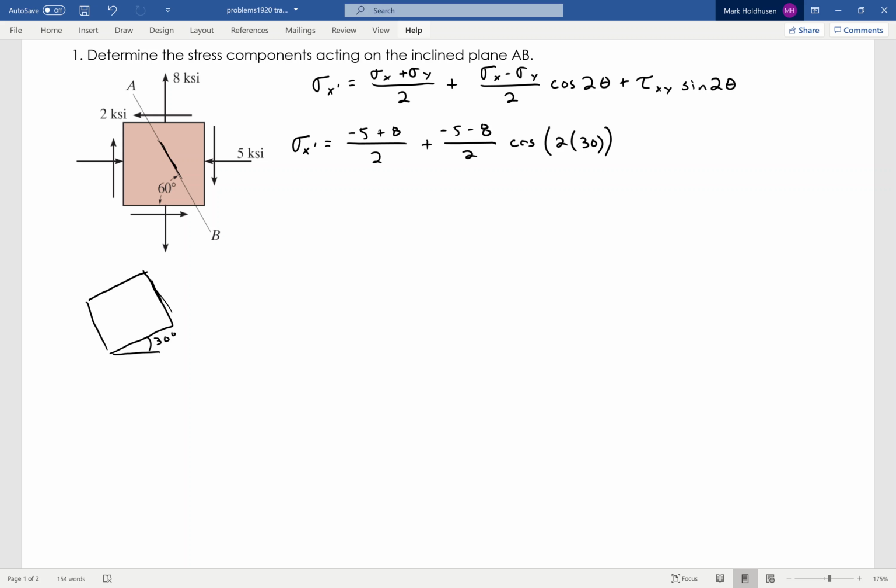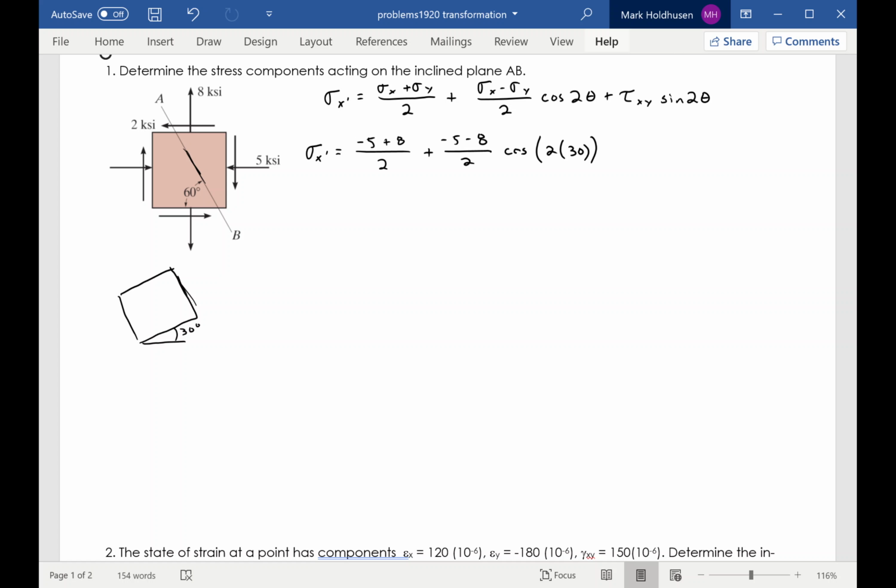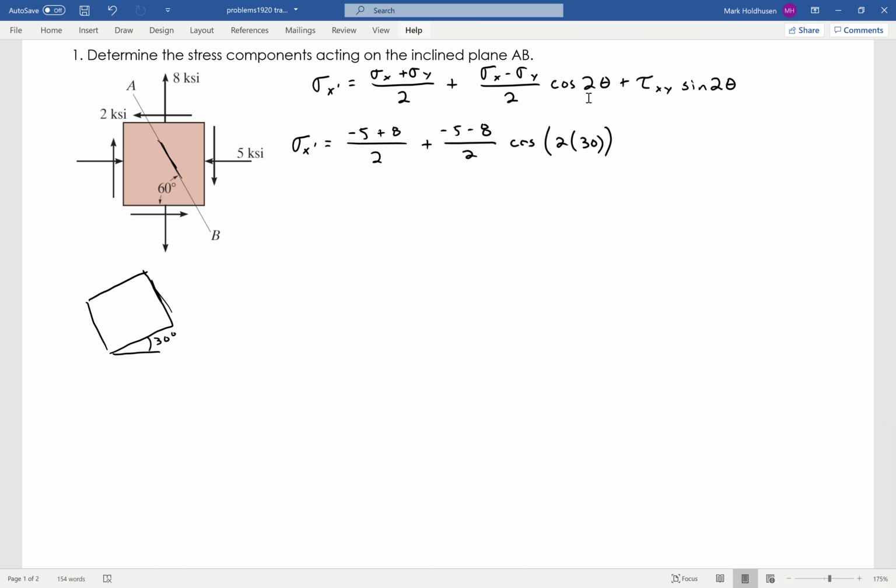And then the shear stress is downward on the right side, so that's actually a negative, so it's -2 times the sine of 2 times 30. And really that's all there is to it. It's a pretty simple plug and chug sort of situation.